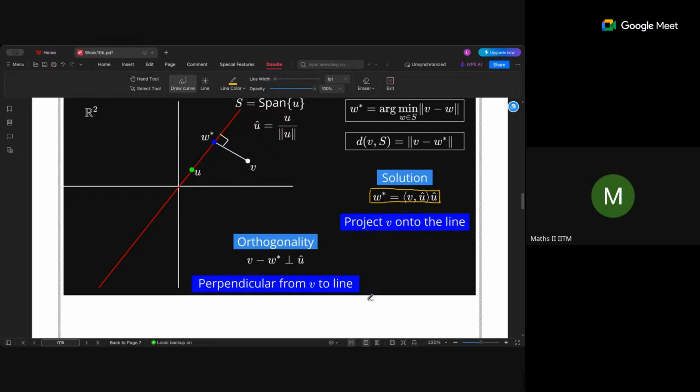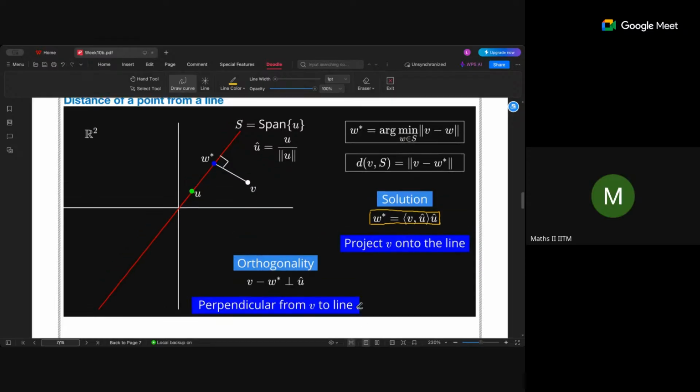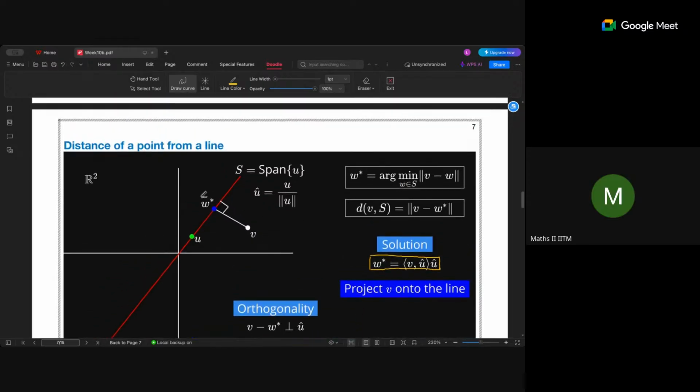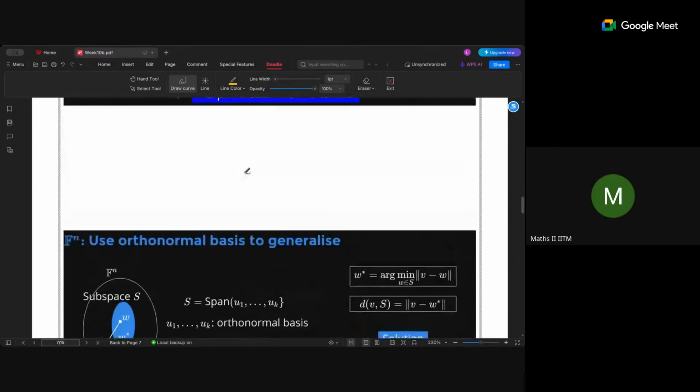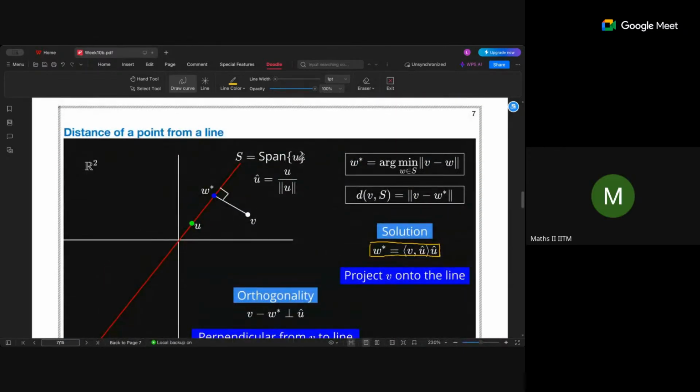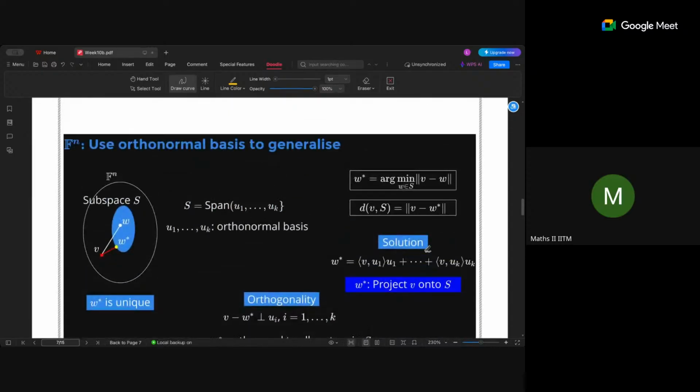Now we know how to find w star if you have a line and a point. How to generalize this? Here we had a basis element, we made it a normal vector, and then we found this. In general, you can have a bigger space.